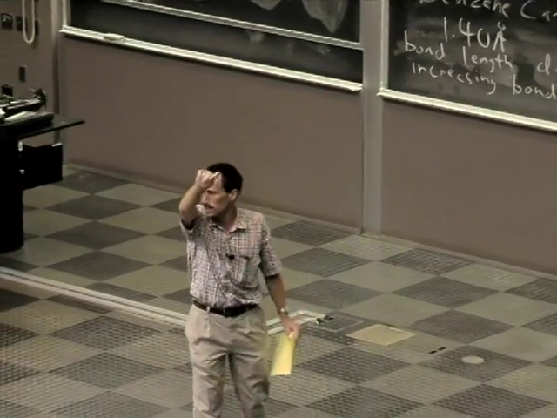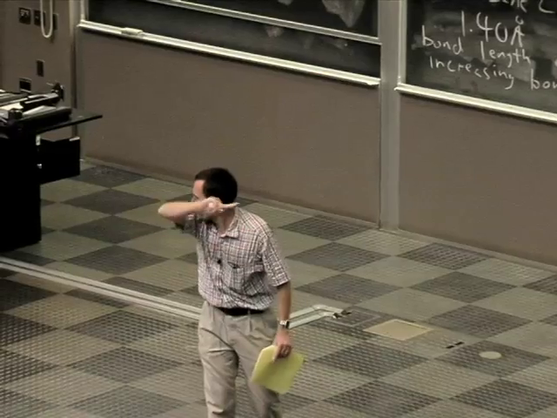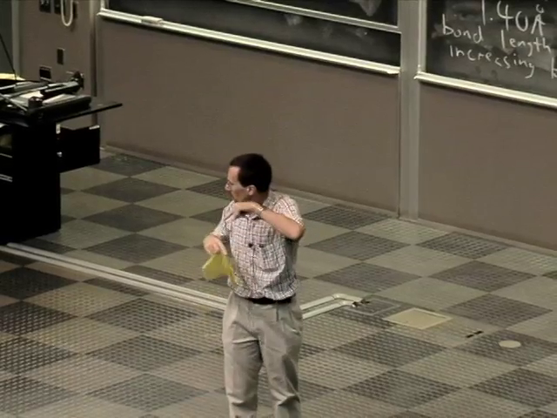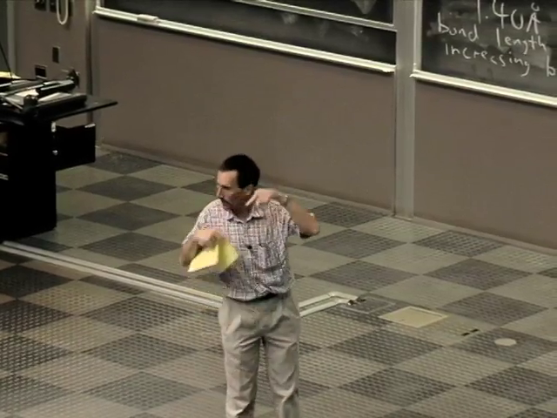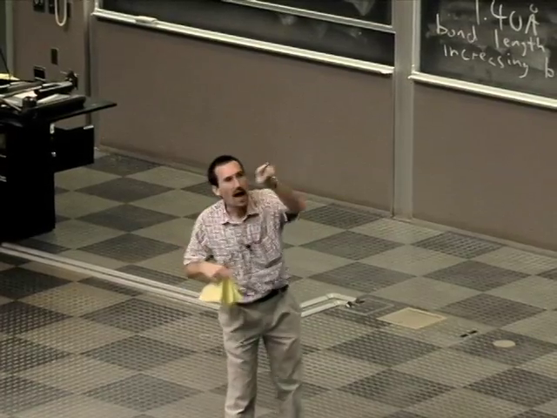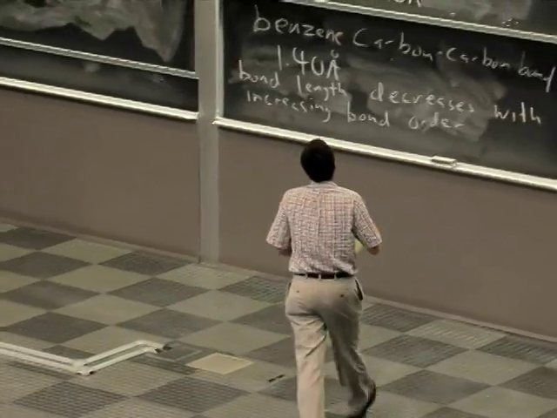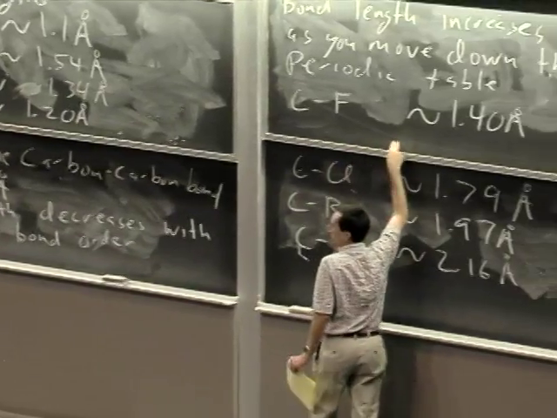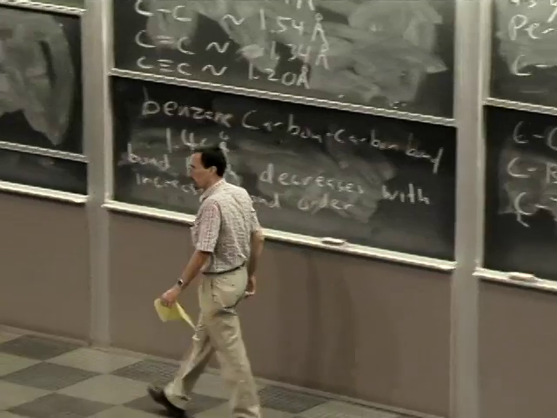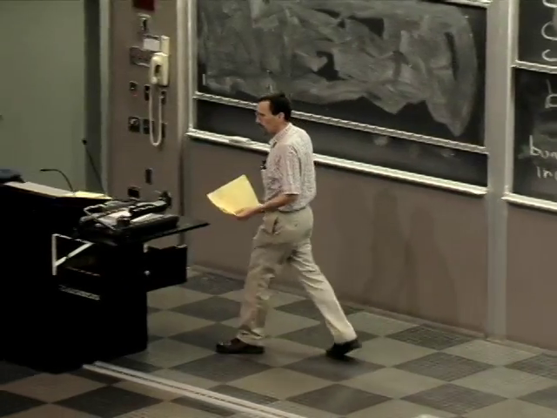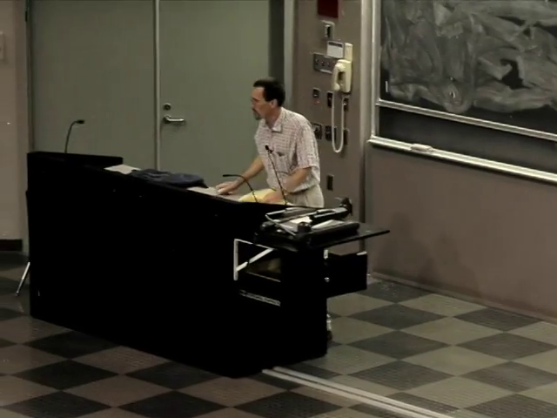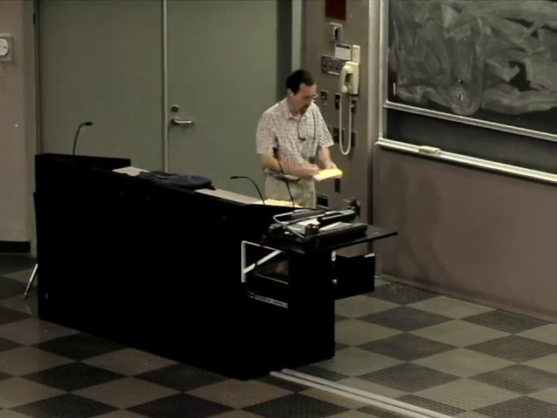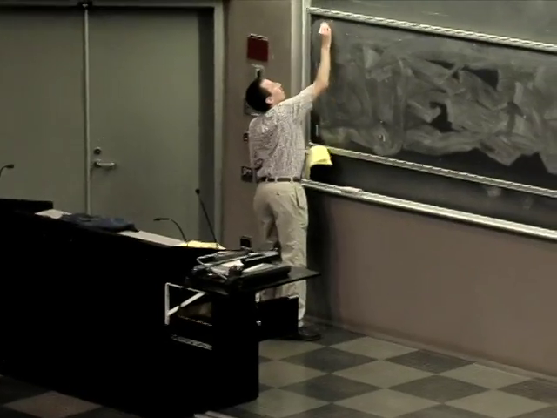Fluorine is across in the same row from carbon. We're not going to move down and across. We're only going to go in one direction, because when you start comparing opposing trends, you have factors fighting each other. As you move across from carbon-carbon to carbon-fluorine, the bond length is shorter, and so you can guess that a carbon-nitrogen bond is going to be a little bit shorter than a carbon-carbon bond, and a carbon-oxygen bond will be a little shorter than that.